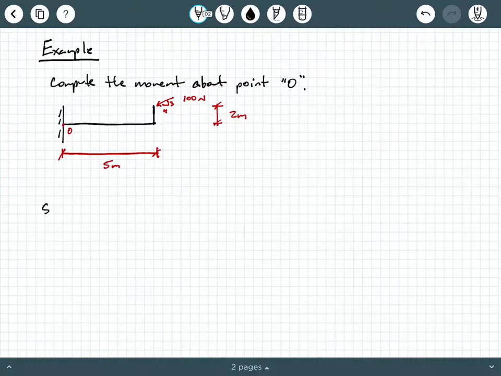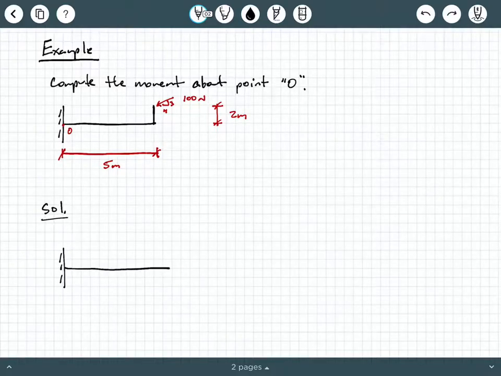So to get started on this, first you want to notice that the applied force is at an angle. It's not vertical or horizontal, it's at an angle. So what we need to do is, I'm going to redraw this system. There we go.